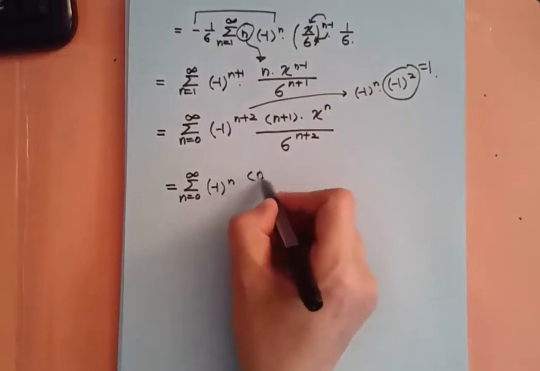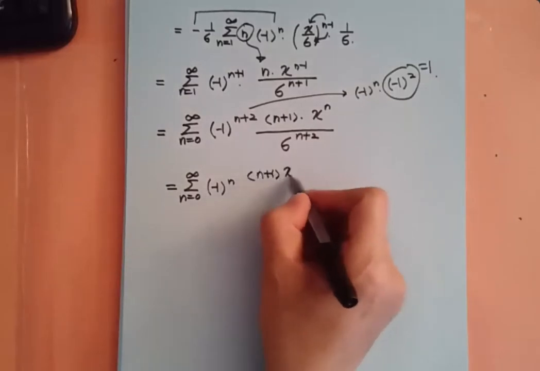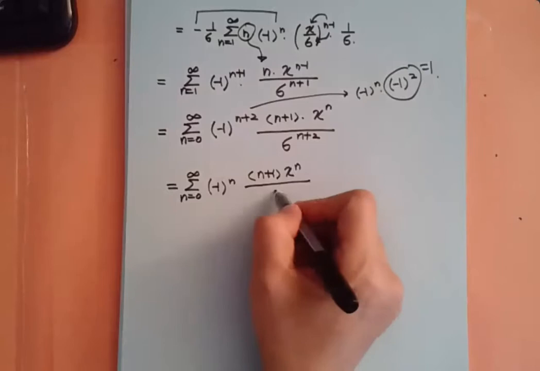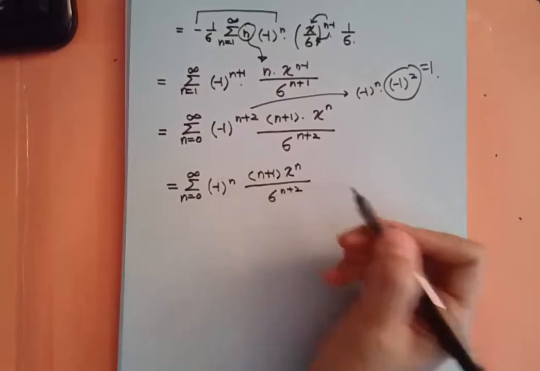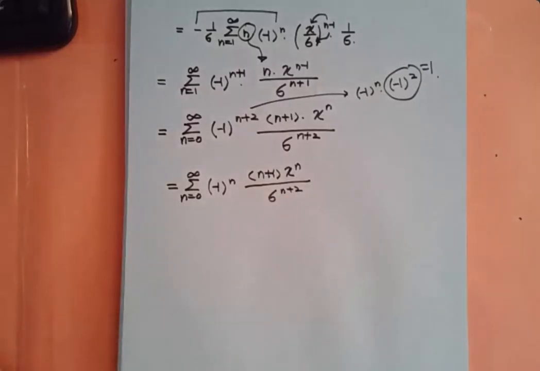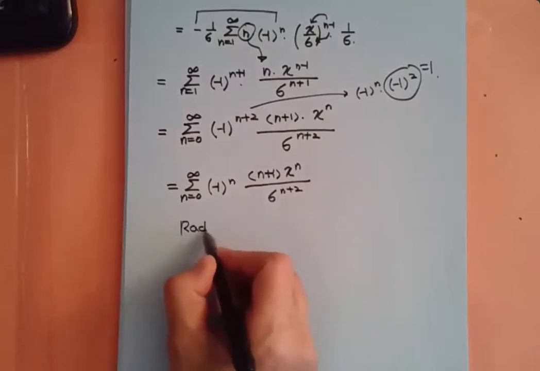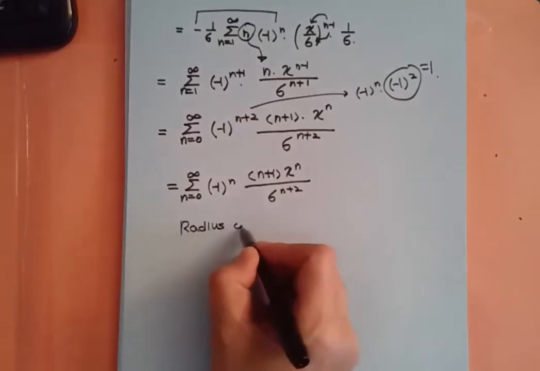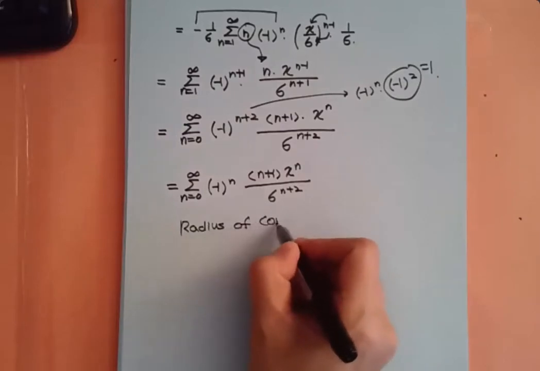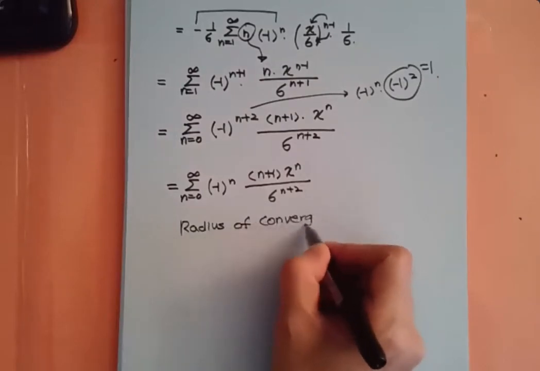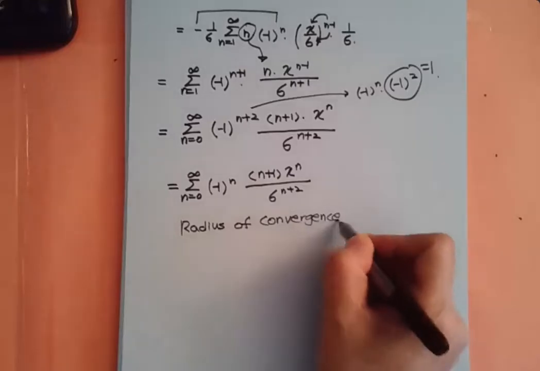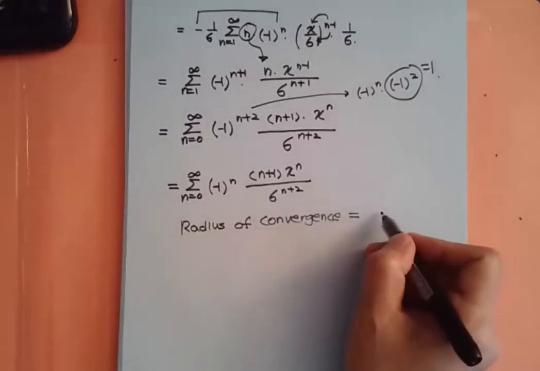And then n plus 1 times x to the n power over 6 to the n plus 2 power. So radius of convergence is 6.